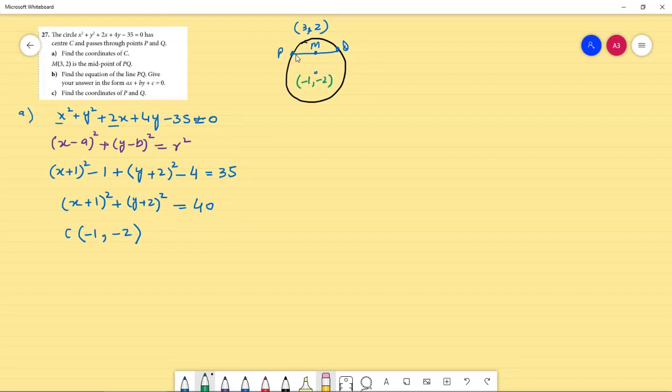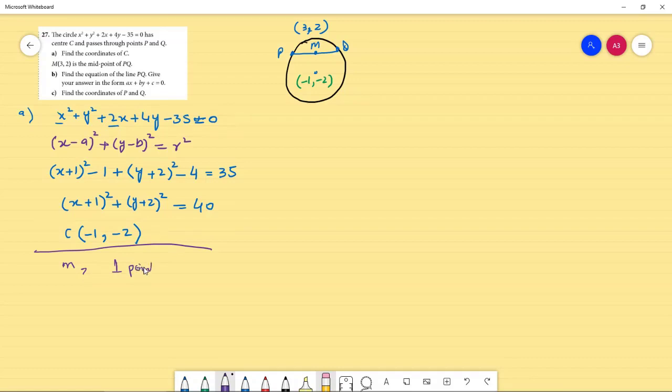We have to find the equation of PQ. So PQ is the chord of the circle, and we have to find the equation of PQ. So whenever we have to find the equation of any straight line, we need two things. Which ones? The first is slope m, second is one point.